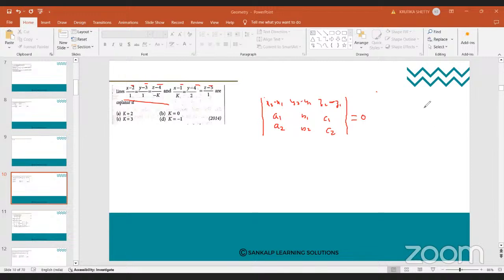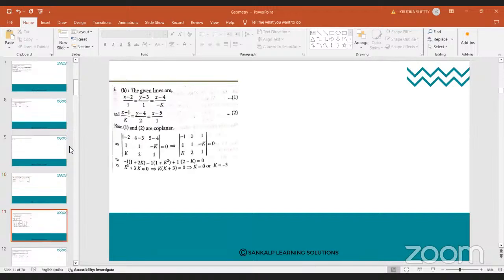On substituting into that condition, the first row is 1 minus 2, minus 4 minus 3, 5 minus 4, that is, subtracting 2, 3, 4 from 1, minus 4, 5, we get minus 1, minus 7, 1.